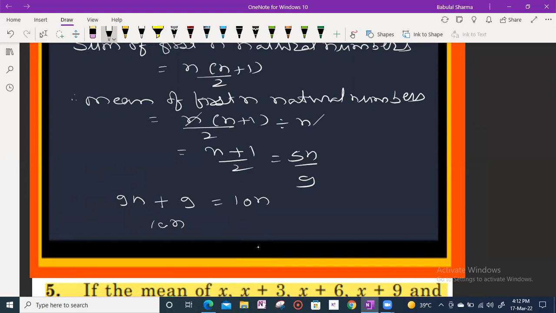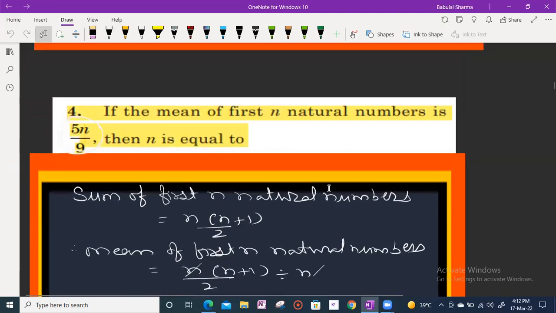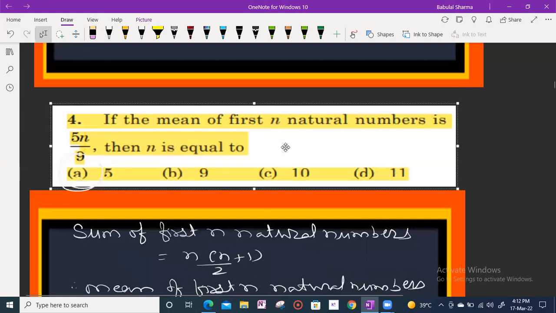So 10n minus 9n is 9, taking n equal to 9. So n is equal to 9. That is the answer of this question. The value of n is 9 here. You can write in your notebook, students. And now we can check the answer. So here B is the correct option.